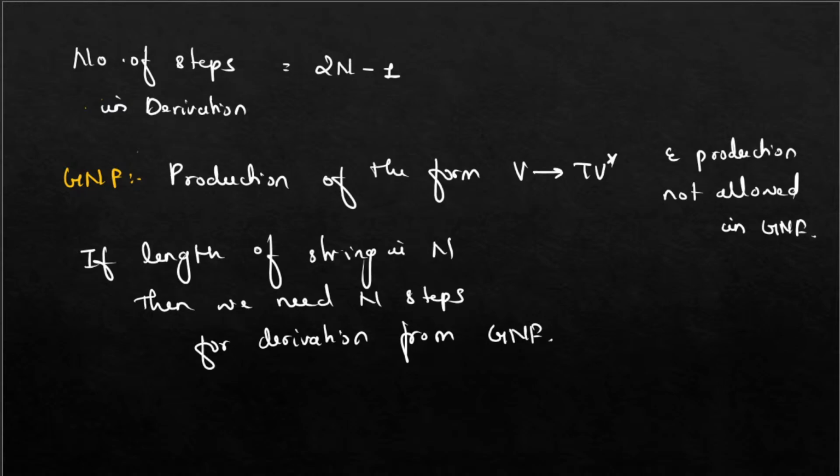I am repeating that again: removal of left recursion, removal of epsilon production, removal of unit production, and simplification of grammar. If you know all this, you will be able to solve some simple problems which will be asked. So let's get started with CFL now.